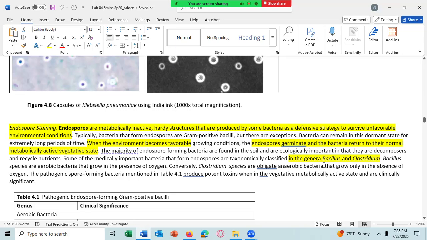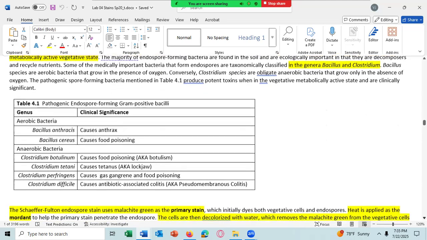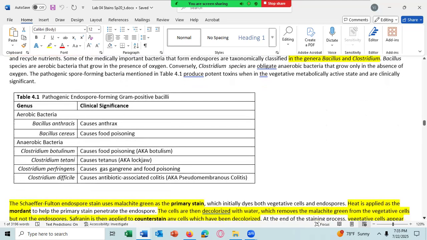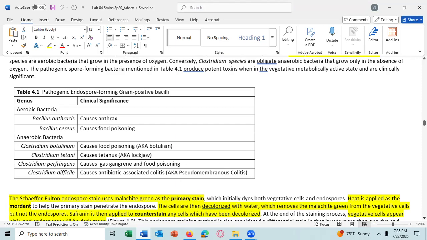There are one or two other families that also produce endospores, but most of them are in the Bacillus or Clostridium. And I think there's only one species in each of the other families that produce the endospore.